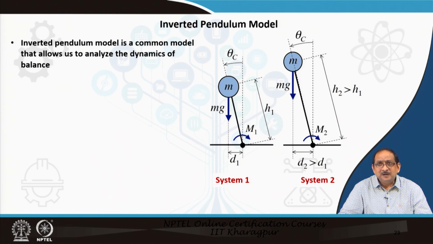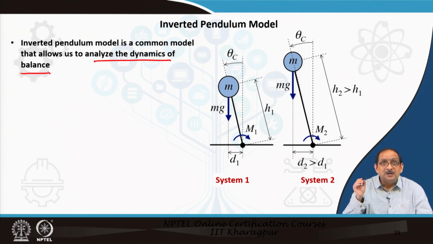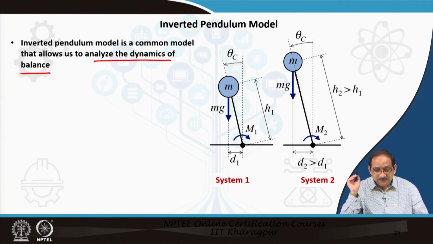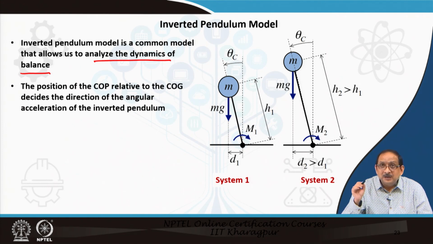Let us consider an inverted pendulum model to analyze the dynamics of balance. An inverted pendulum model is a common model that allows us to analyze the dynamics of balance. Now, in this slide, we have presented two systems. One system, as you can see, has a mass mg and is connected to a point of rotation.